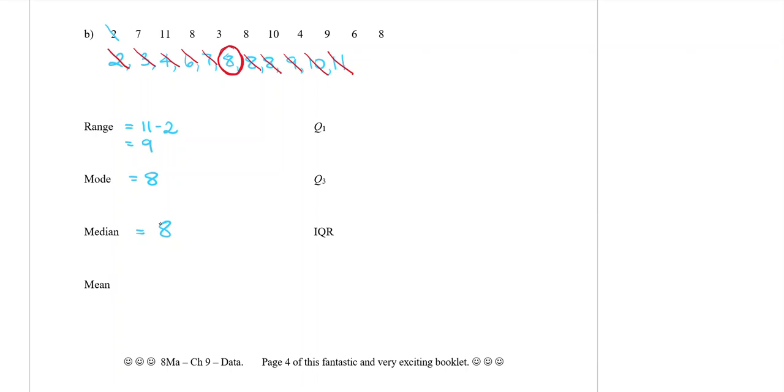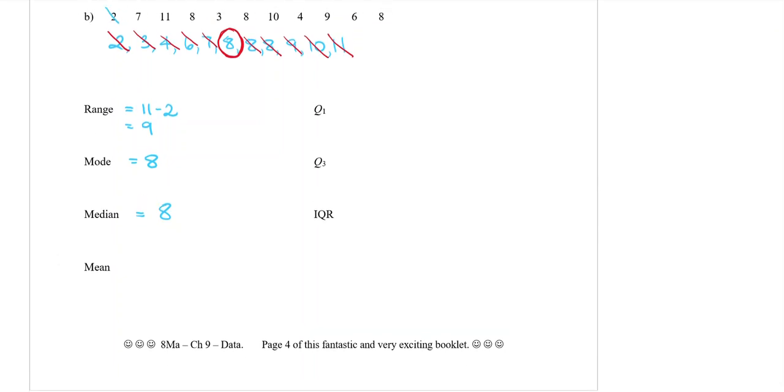We need to do the mean. Mean is the average. So calculate a time, add all those numbers up. Add them all up. 76, which is why I wrote it wrong last time, because I was looking at my thing.